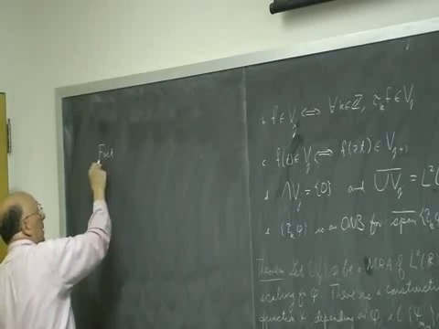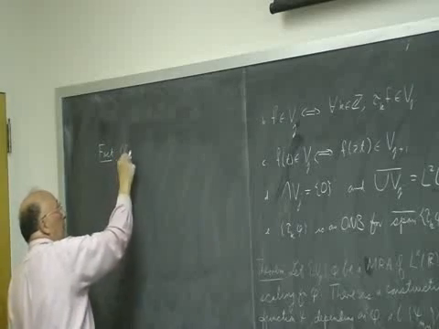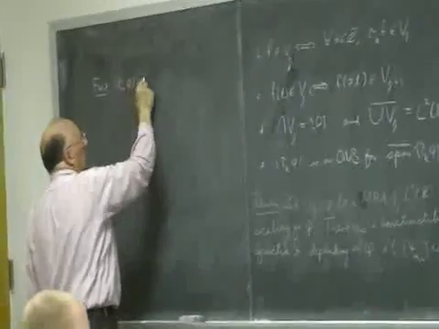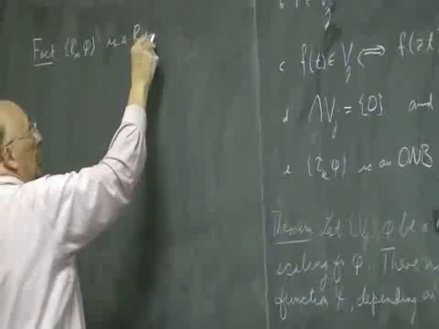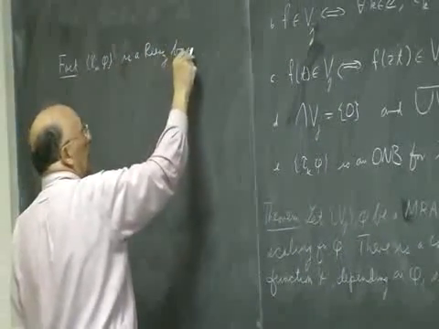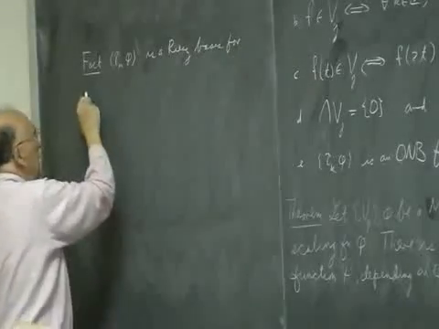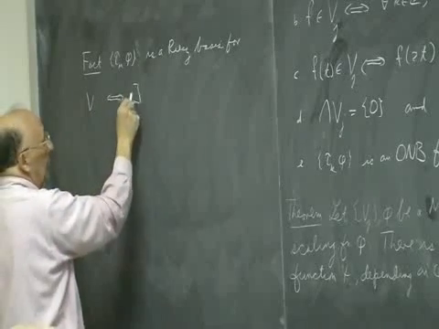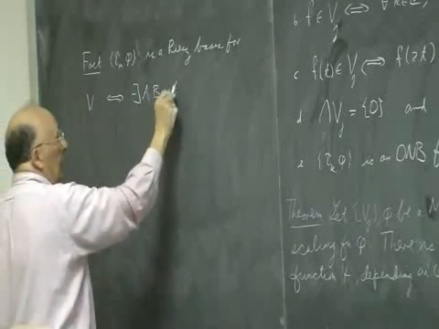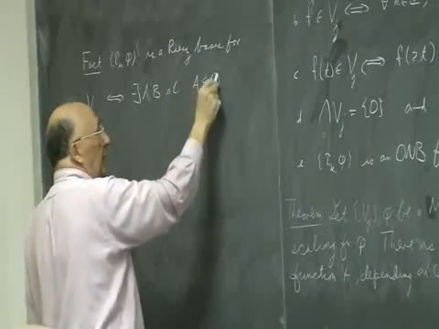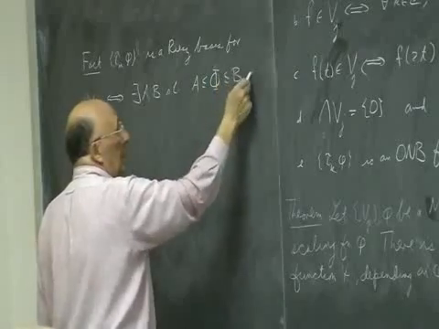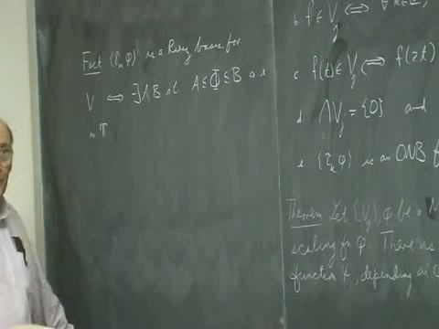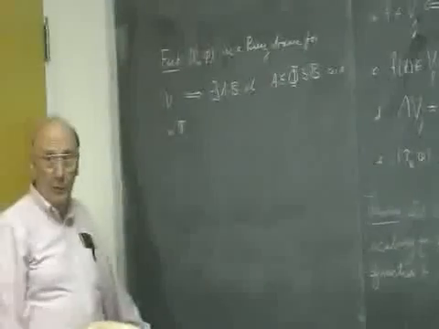Fact: tau n phi is a Riesz basis for V, same V, if and only if there exist A and B such that A is less than or equal to big Phi less than or equal to B almost everywhere on the torus. Also not difficult to prove.